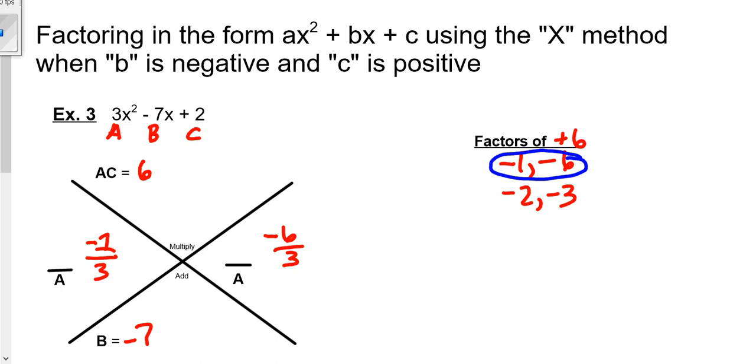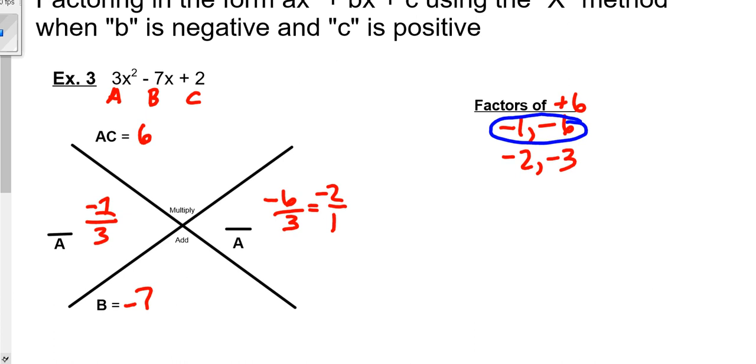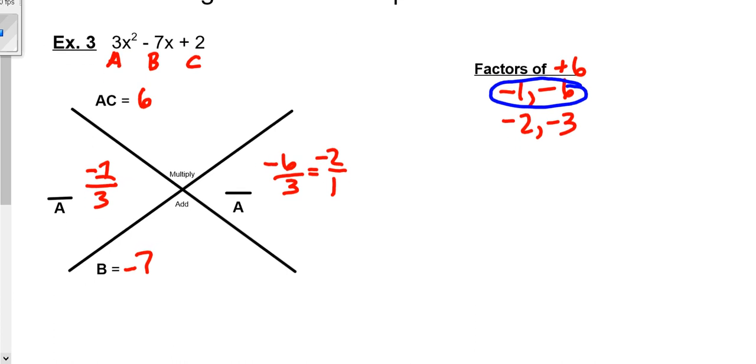But let's look to see if we need to reduce our fractions. Negative 1 over 3 can't be reduced any further, but negative 6 over 3 reduces to negative 2 over 1. Reduces to negative 2, but I like to write it as a fraction so you can do your bottoms up. When you get used to it, you don't have to put the 1. You'll just know. But just so that you know what's going where, I go ahead and write it as a fraction. So now we're going to do our bottoms up for our final answer.